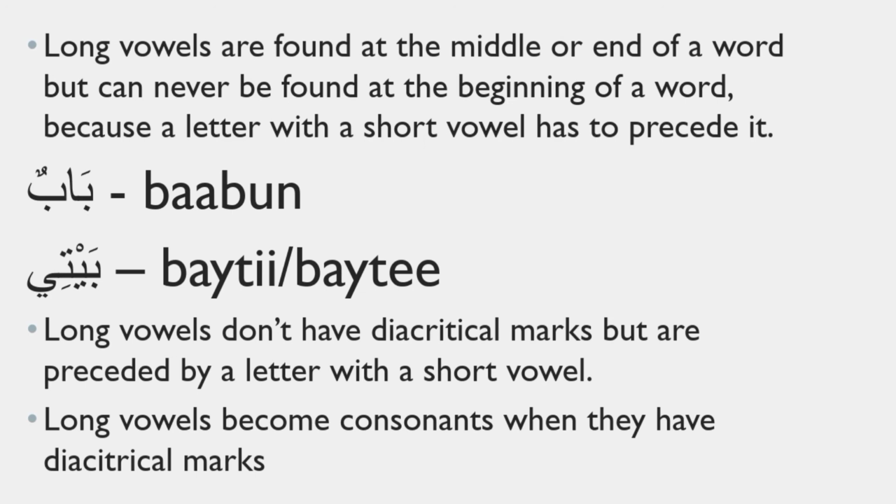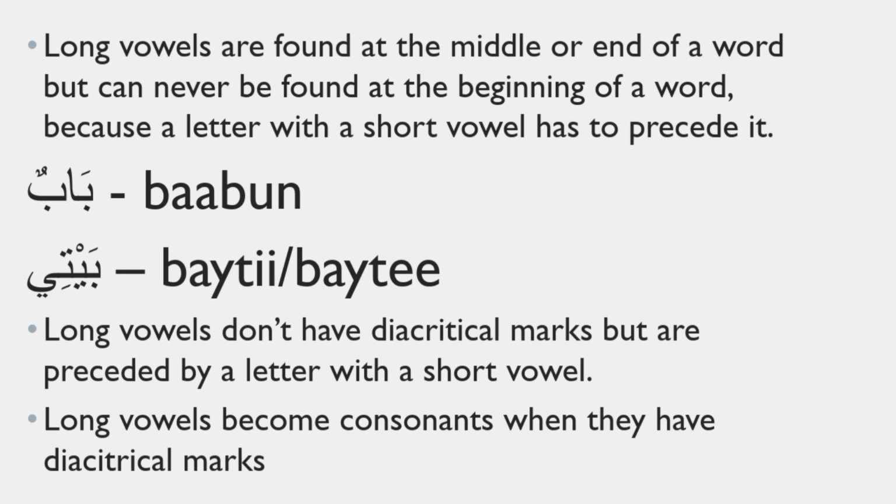But when you have wa fatha, that means the waw in that case is a consonant. When you have wa kasra, waw in that case is a consonant. Wa dhamma, waw in that case is a consonant. But when you have a waw that doesn't have any diacritical marks on it, you say that it is a long vowel.